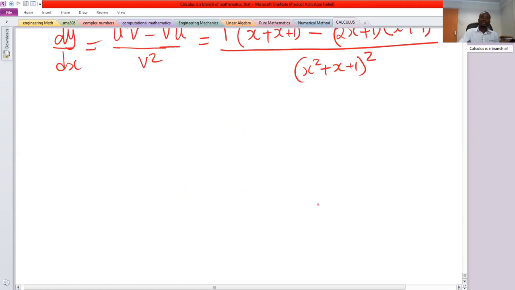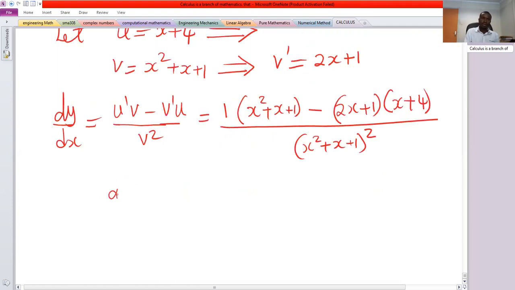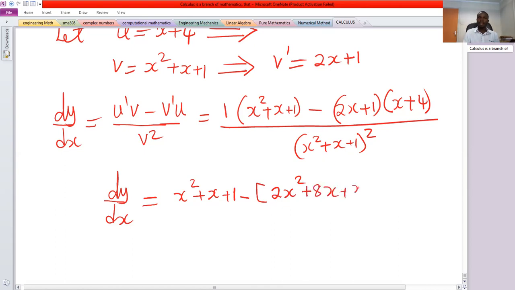So x squared plus x plus 1, and then squared. So next step, we simplify the numerator. So dy/dx will be x squared plus x plus 1 minus 2x squared plus 8x plus x plus 4, divided by the square of the denominator, the square of x squared plus x plus 1.